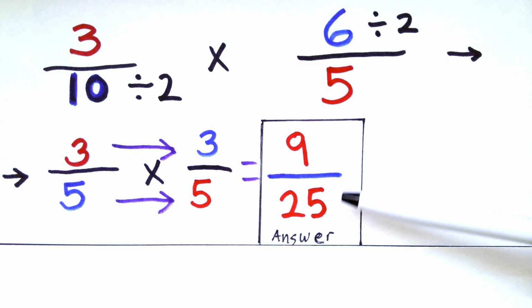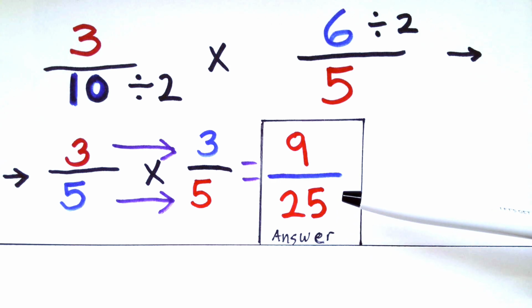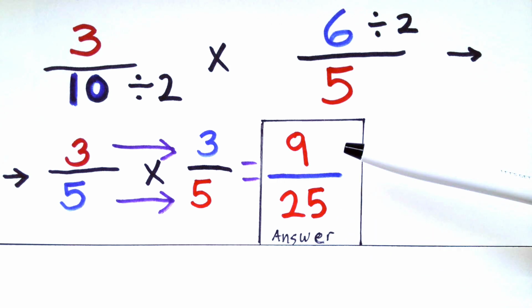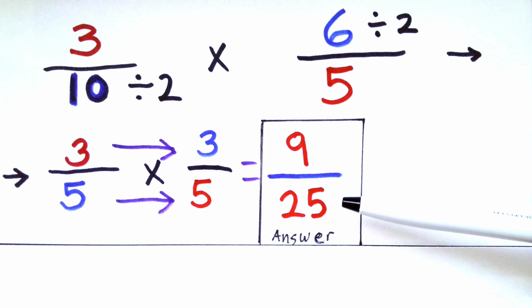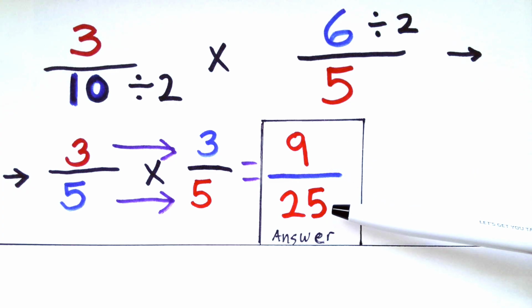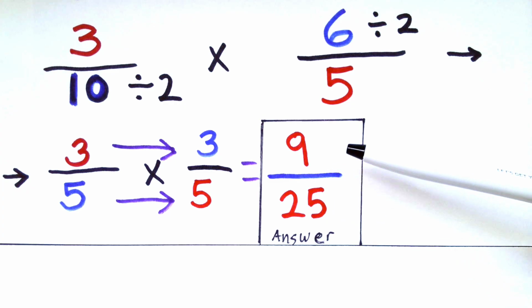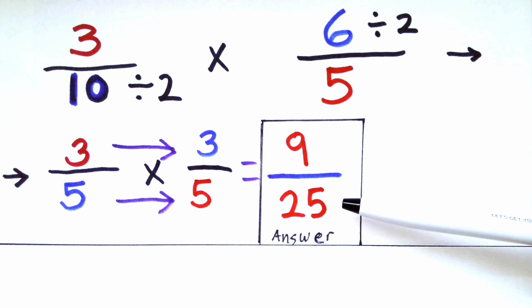Is there a number I can divide evenly into both 9 and 25 other than 1? Because that would just leave us with 9/25ths, and then that fraction would not be reduced. Well, we have two odd numbers. 9 and 25 are both odd numbers. So let's work with the odd numbers, right? Other than 1, let's look at 3. Now, 9 can be divided by 3, but 25 cannot.